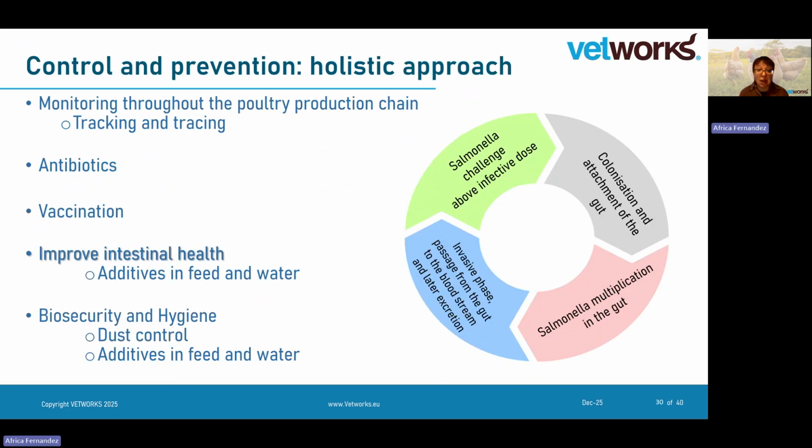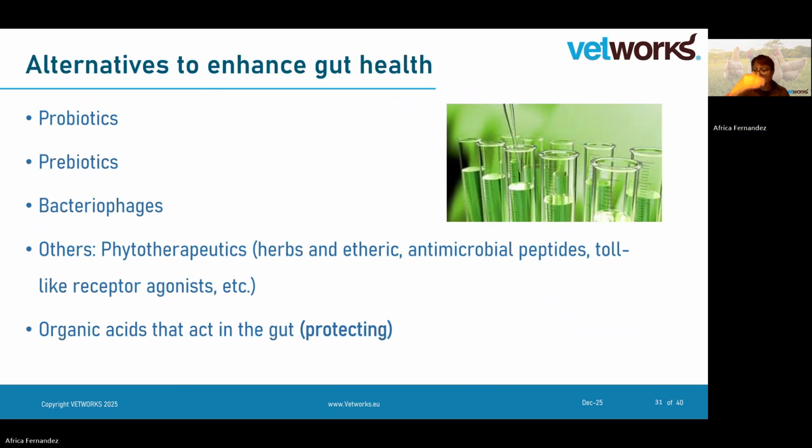If we go now to discuss a little bit about improving intestinal health, we have a list of different alternatives: probiotics, which I have already mentioned, prebiotics, bacteriophages, and phytotherapeutics, which have recently become more widely used.